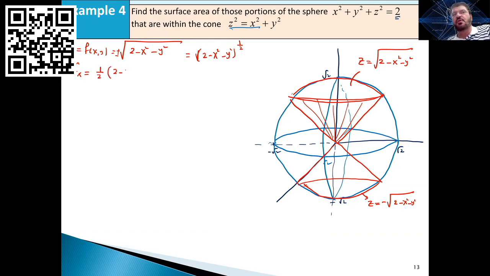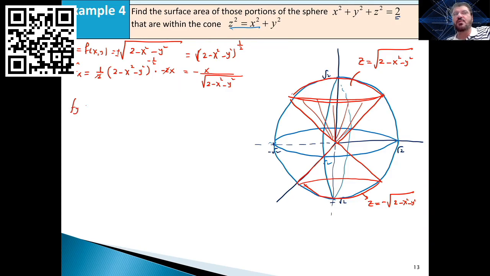Then you have 2 minus x squared minus y squared to the power half minus 1, which is minus half, times the derivative of the inside with respect to x, guys, which is minus 2x. This 2 now goes with this 2. I am left with minus x divided by the square root of 2 minus x squared minus y squared. This is fx.